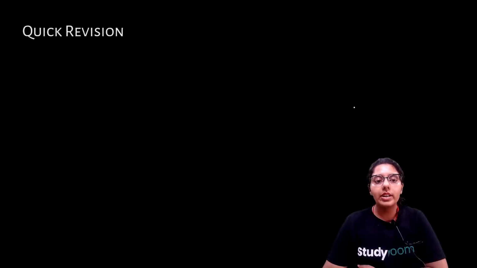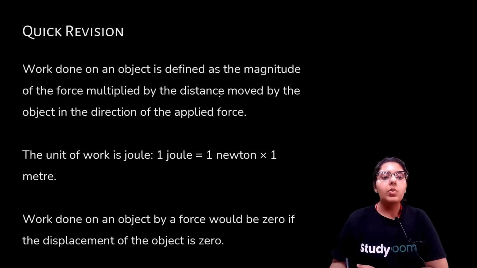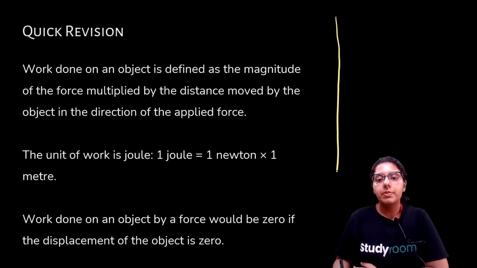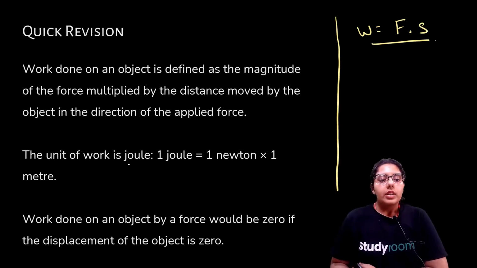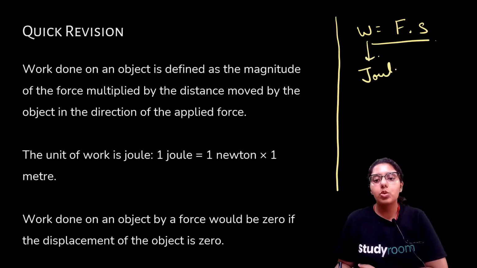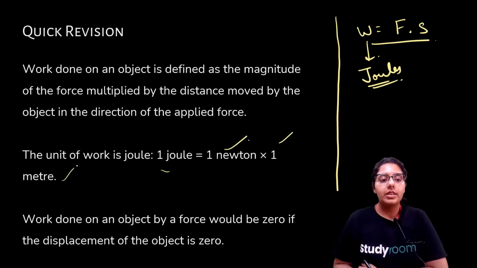So let's do a quick revision. Work done on an object is defined as the magnitude of the force multiplied by the displacement of the object. We know work done is equal to F dot S, right? The unit of work is joule. 1 joule of work is done when a force of 1 Newton displaces an object by 1 meter, right?